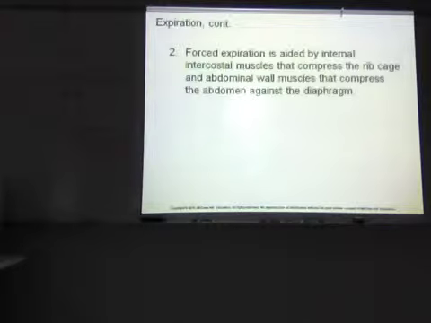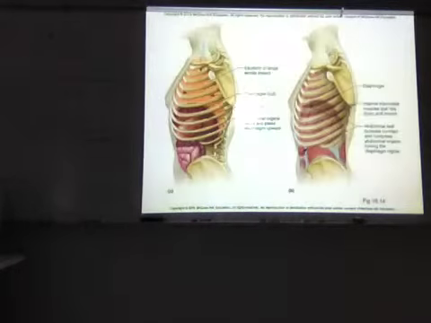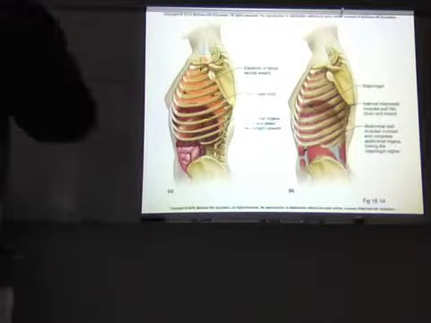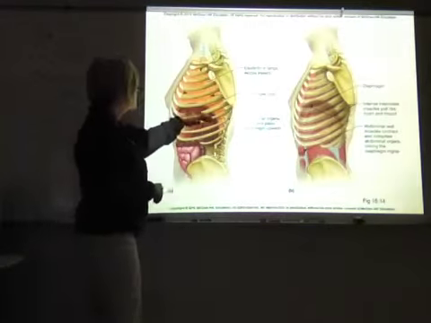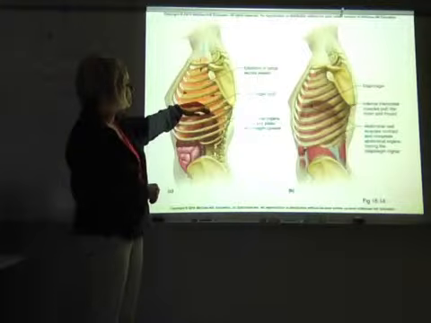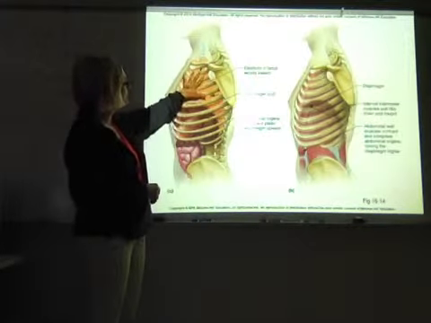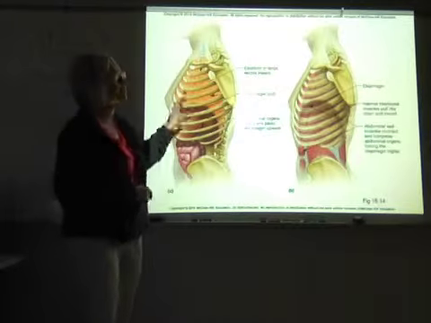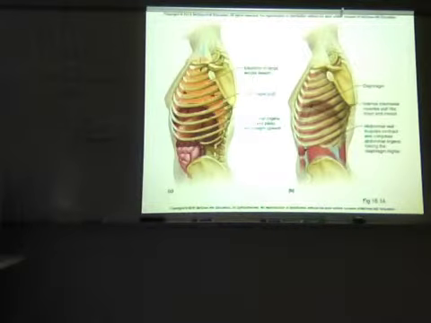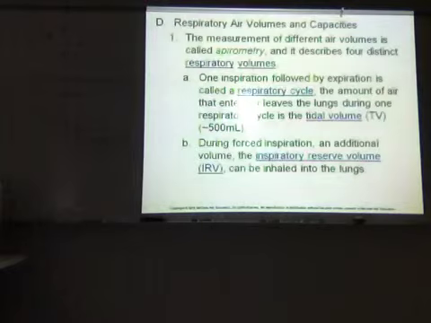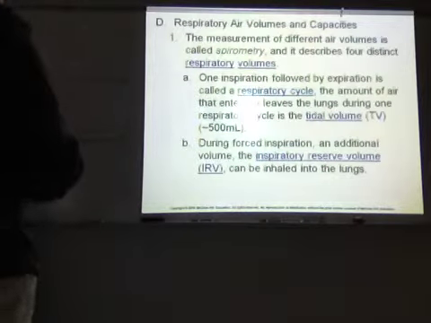You can almost feel your lungs getting smaller, but it's actually not a bad ab workout. So relaxation, the diaphragm, like I said, is going to move up. These muscles are relaxing, so everything's moving downward again, making that area smaller, and then that's going to push the air out.